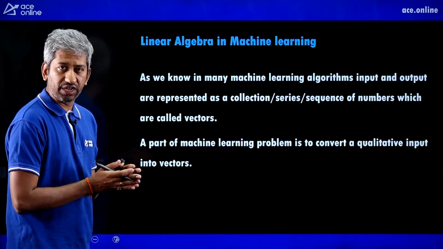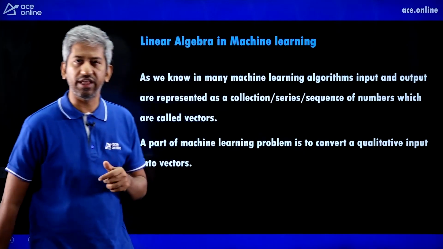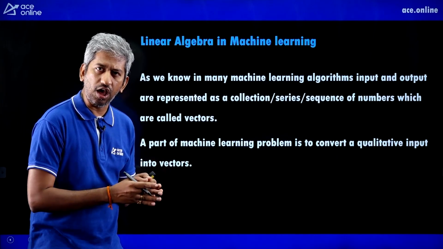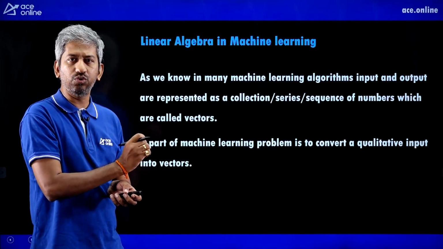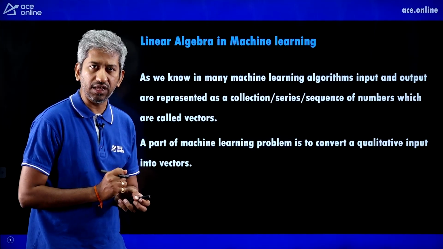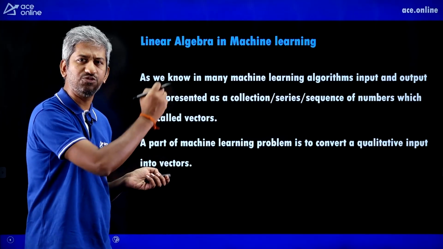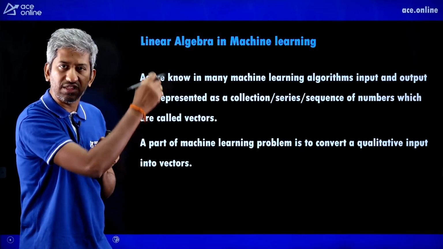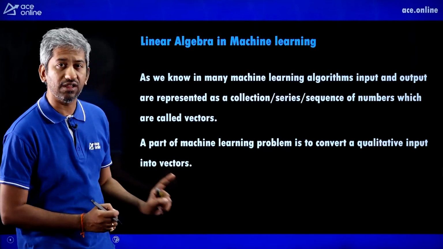So at this juncture, you have to understand the importance of linear algebra in machine learning. To provide input to a machine learning problem, you always have to have numeric data. If you have non-numeric data, in the form of images, text, speech and videos, that is to be converted into numbers, a series, sequence or collection of numbers, which are called vectors.